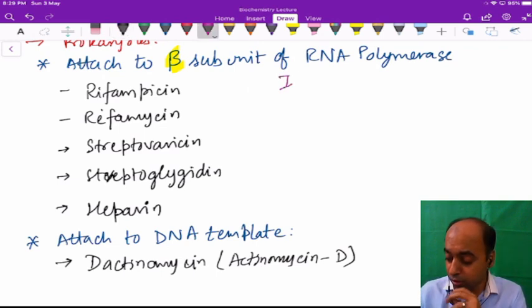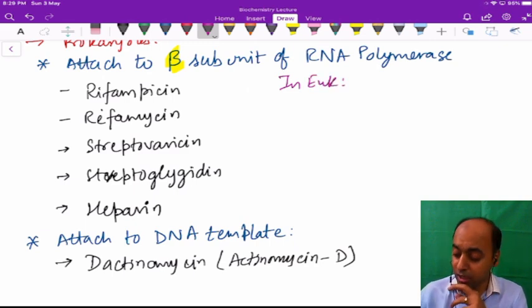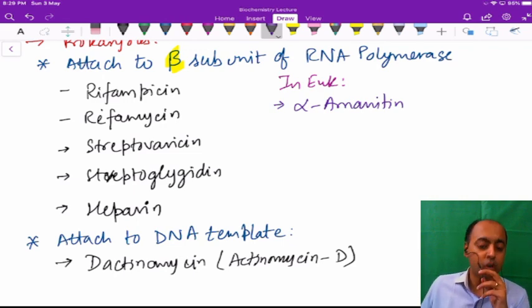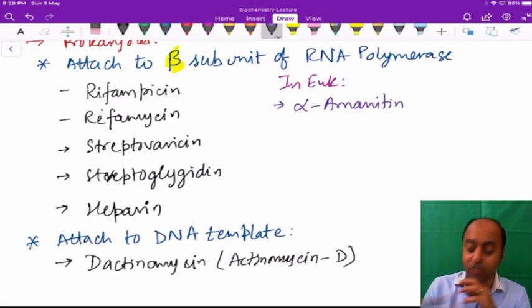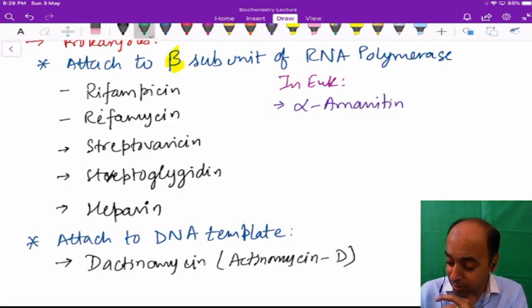You already know in eukaryotes, the very important inhibitor of the RNA polymerase is alpha amanitin. We had mentioned that alpha amanitin primarily blocks the RNA polymerase 2. However, it is also able to block the polymerase 1 and 3 to some extent. What you should additionally remember is from where do you get the alpha amanitin?